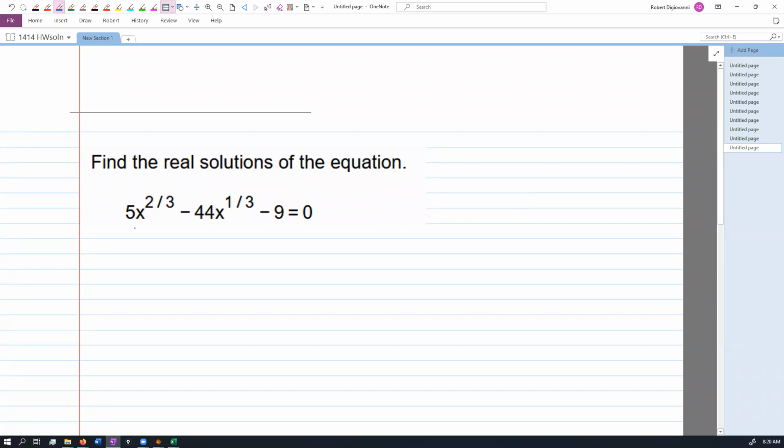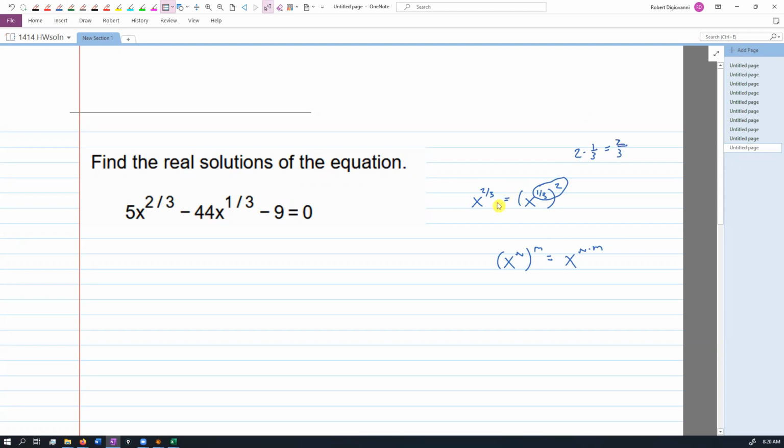So here's the way I'm going to do this. This x to the 2/3 out front, I want you to look at that as being x to the 1/3, but then squared. And we have to remember that when you have something to a power, you're multiplying those powers together. So if I take 2 and multiply times 1/3, I get 2/3.